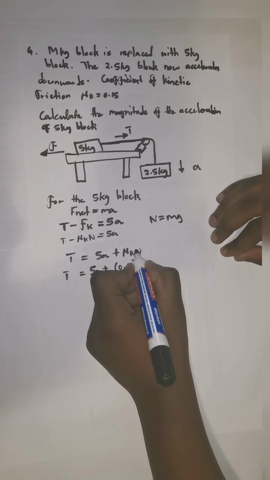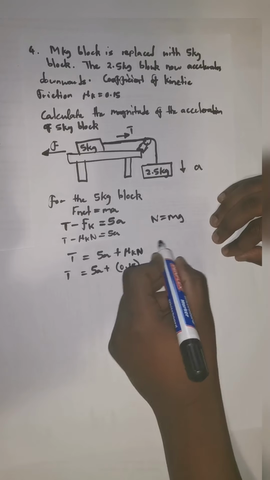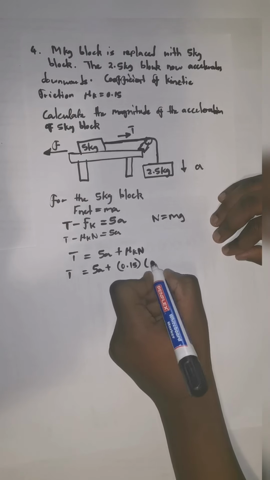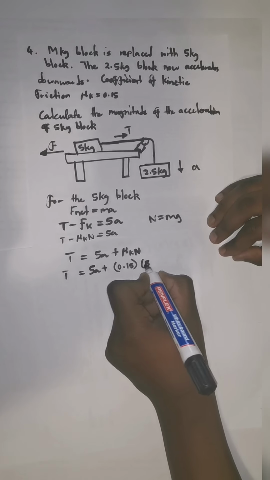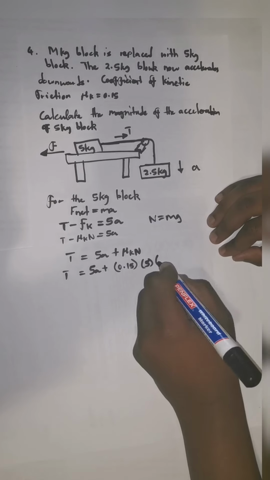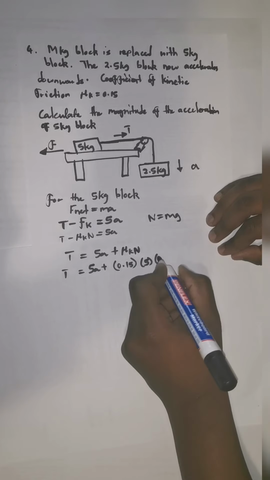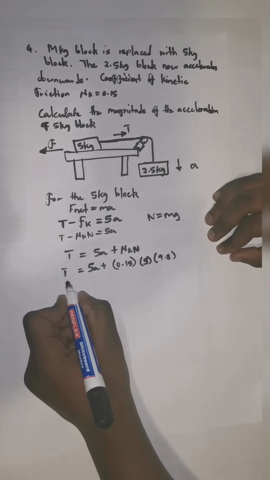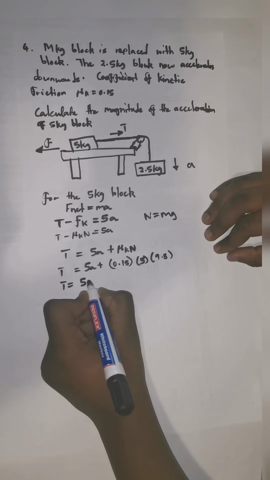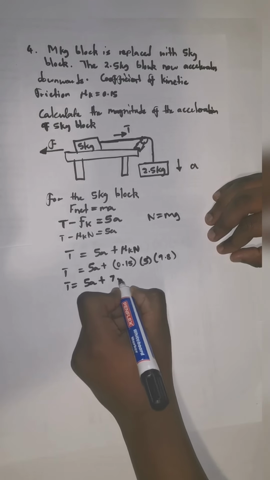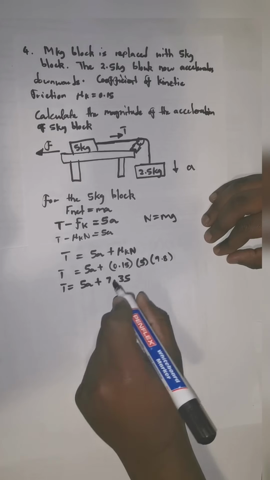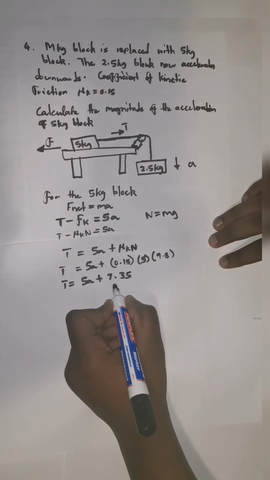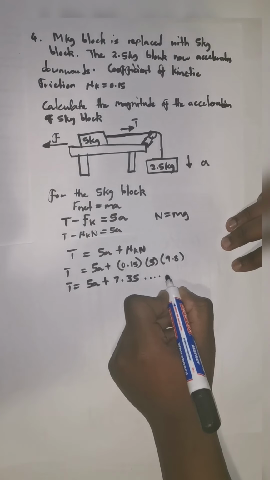And then we have that N right here. N, remember, it's mg, so it's going to be the mass, which is 5 because we're dealing with the 5 kg block, times gravitational acceleration. So this is going to be T is equal to 5a plus 7.35. This is the answer you get when you punch into the calculator. Okay, so this gives us our first equation.